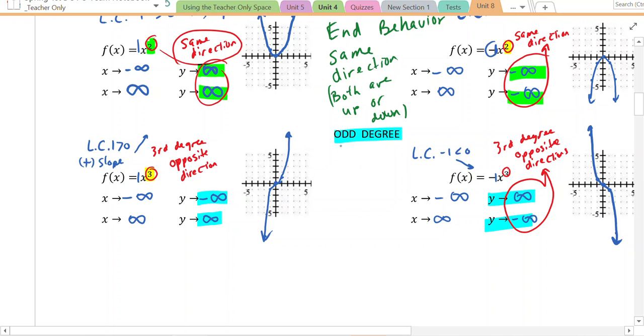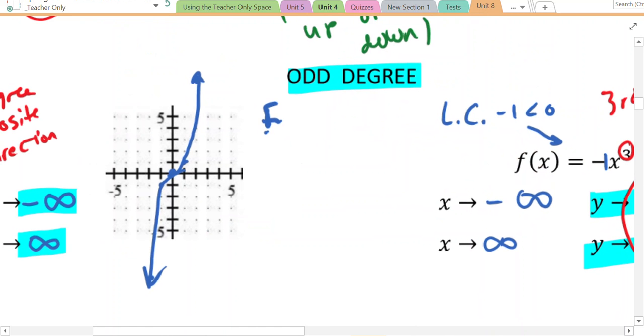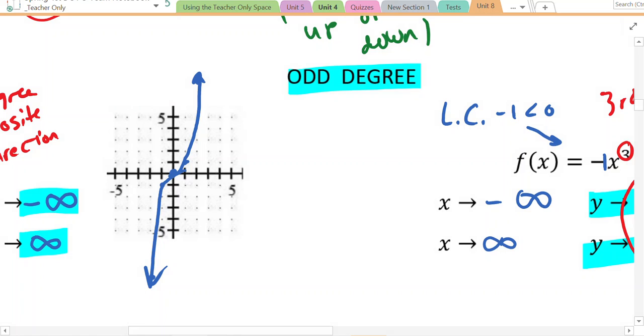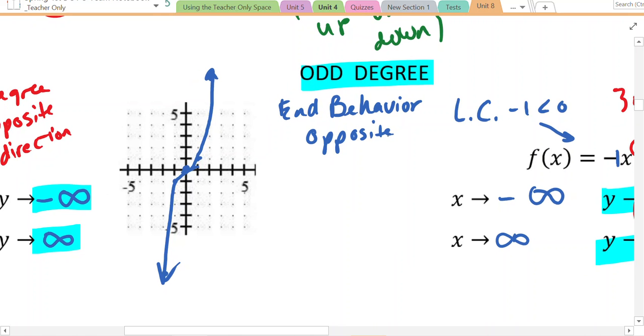For odd, the end behavior, you have opposite behavior. One goes up and one goes down.